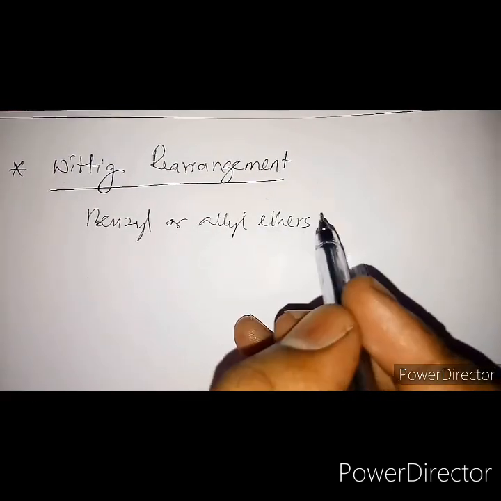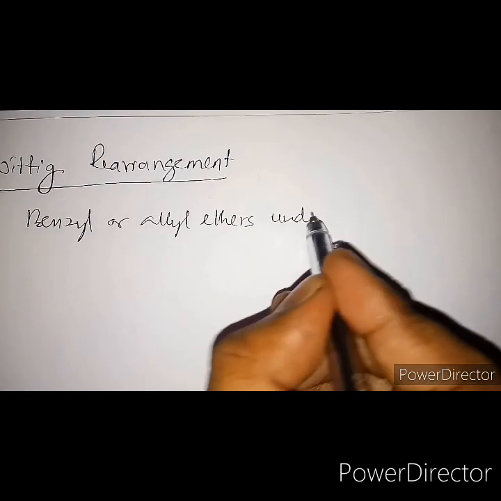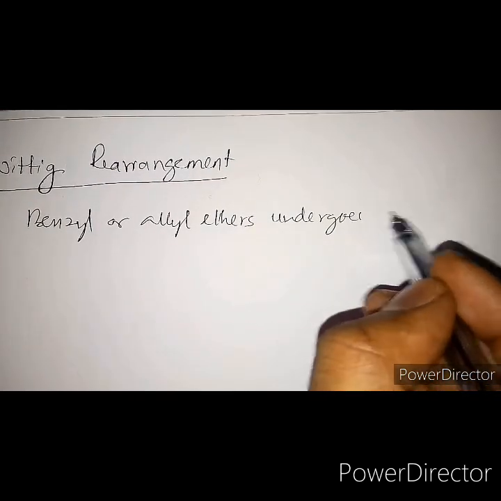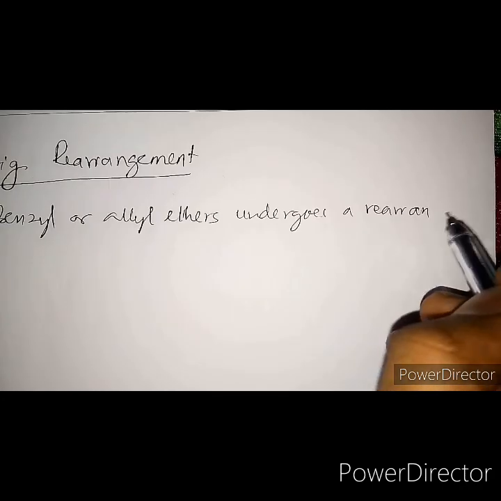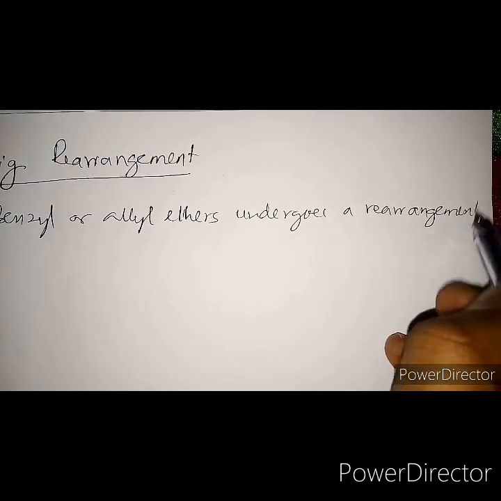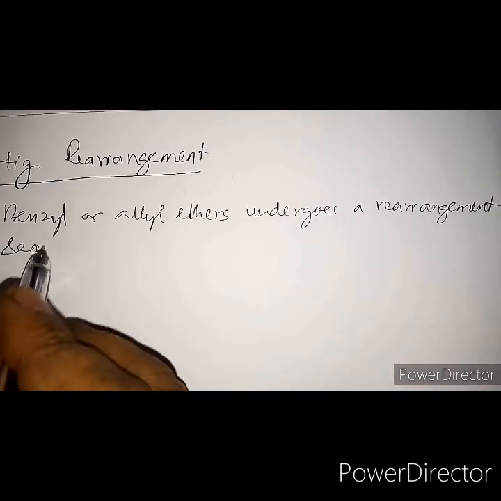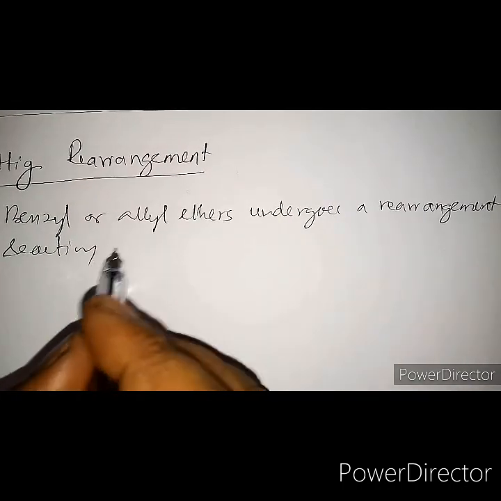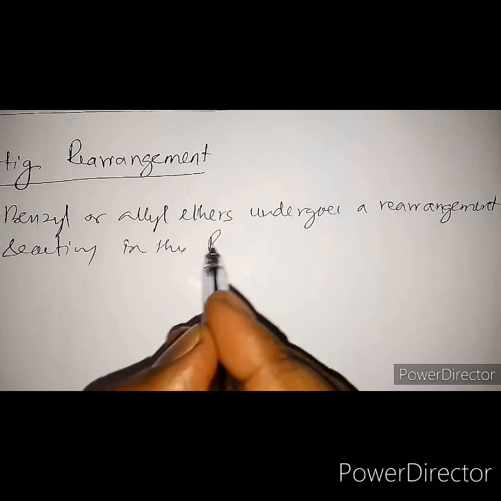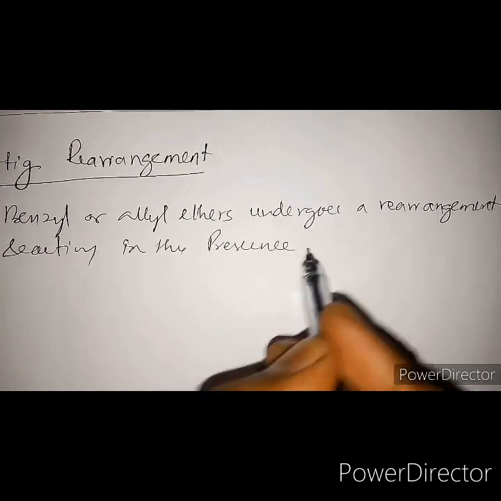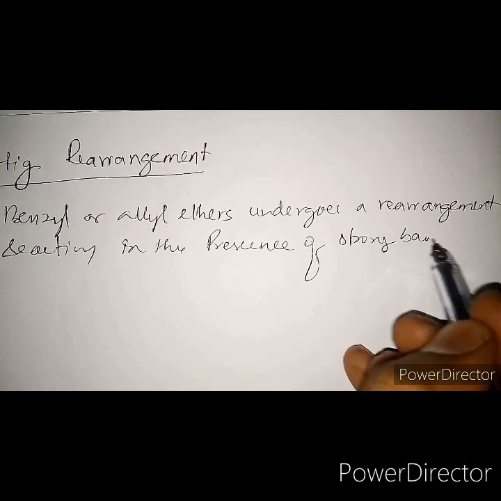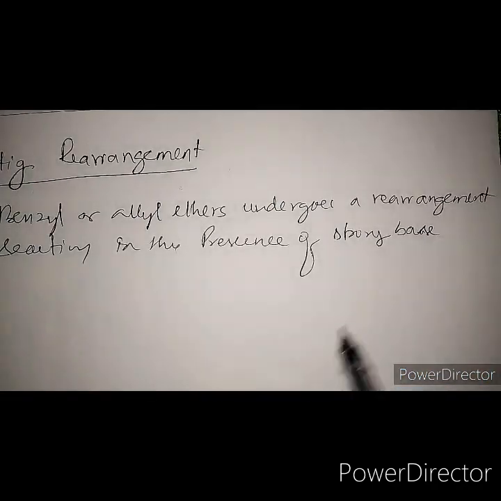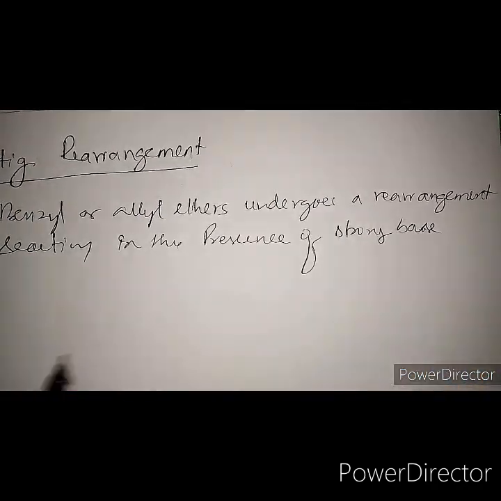Allyl ethers undergo a rearrangement reaction in the presence of a strong base. In the presence of strong base, this rearrangement is known as the Wittig rearrangement.